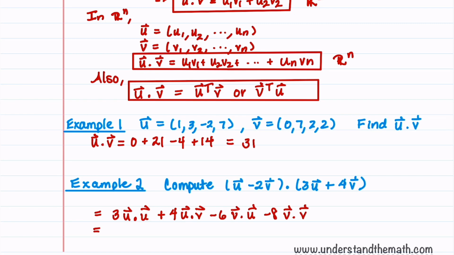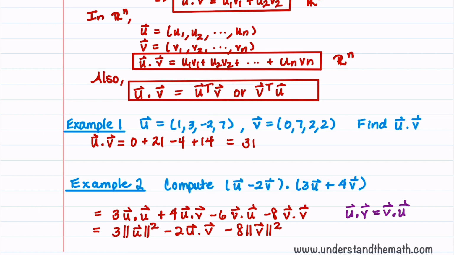If we simplify everything, this is going to give us 3 magnitude u squared plus our middle components minus 2 u dot v minus 8 magnitude v squared. And let's just make a note that u dot v is the same as v dot u, and that's why I was able to combine those middle terms.